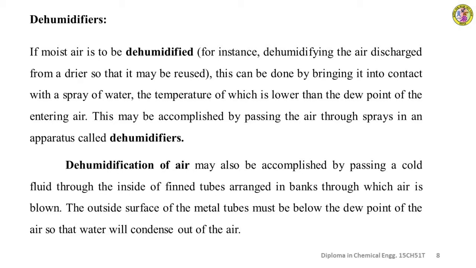So there is another way we can achieve dehumidification. The air that is to be dehumidified may be passed over finned heating tubes arranged in banks, through which we can pass a cold fluid or a refrigerant. So we need to see that the temperature of the outer surface of the tubes is below the dew point temperature of the air.